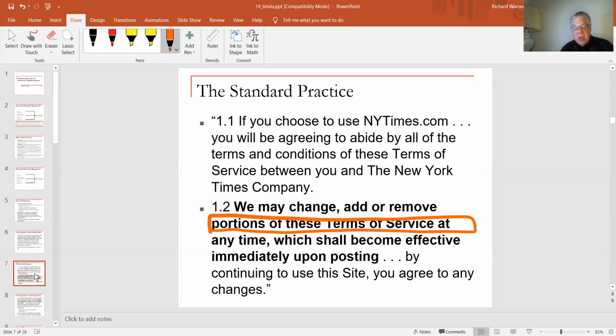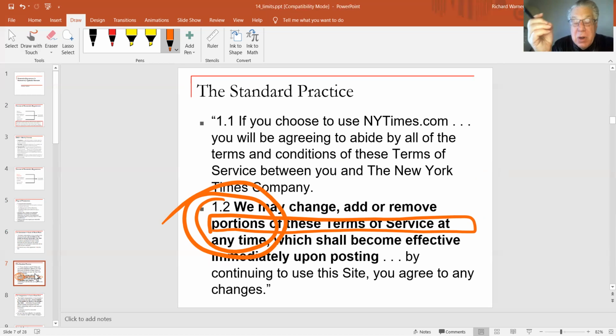We may change, add, or remove portions of the service at any time, right? Any portion, right? The way that's written, that means we may add or remove any portion of these terms of service at any time. In other words, we can change anything. That's just what the Beatty court said too.